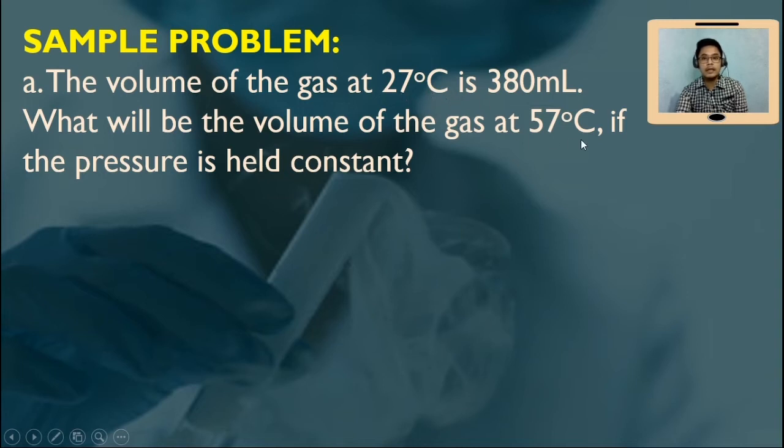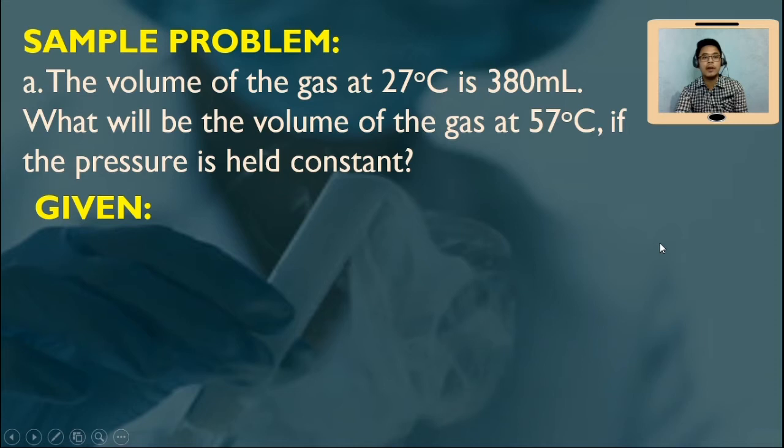So later on, need natin siyang i-convert muna. Pero next natin gagawin dyan is i-analyze natin yung given na word problem. So ngayon, ana-analyze natin ano yung nawawala. Sabi dyan, what would be the volume of the gas? Okay, so yung volume ng gas yung nawawala and this volume of gas is our V2 or final volume.